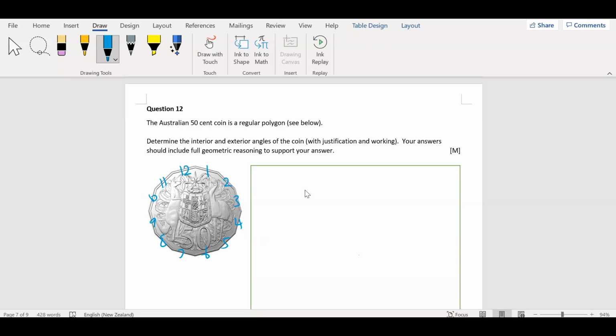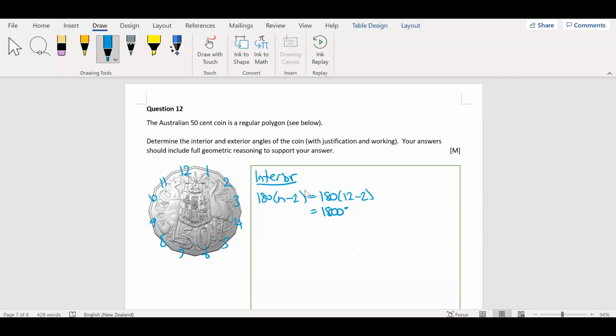I'd probably start off with the interior angles because they're just easier to look at. The formula is 180 times (n minus 2). That will be equal to 180 times (12 minus 2), which is equal to 1800 degrees. That's our total.